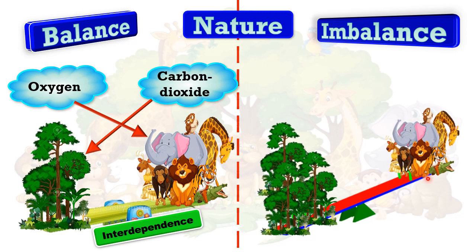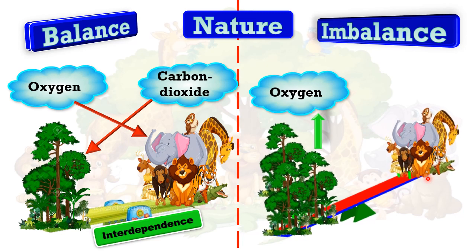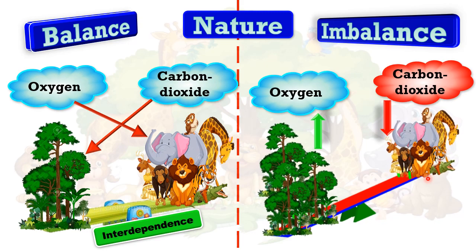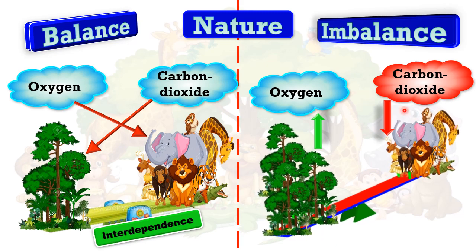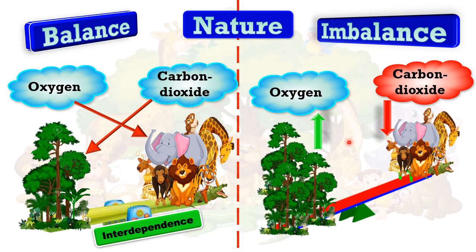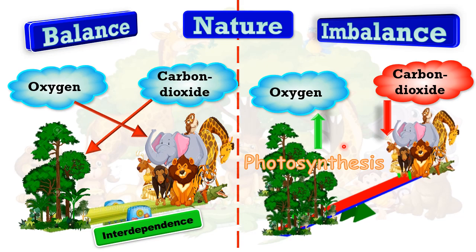What will happen in this situation? In this situation, the level of oxygen will go high and the carbon dioxide will go down. Then what will happen, children? Plants will not get proper carbon dioxide to make their food for photosynthesis. For photosynthesis, as we all know, plants need sunlight, water from soil and carbon dioxide to make their food.